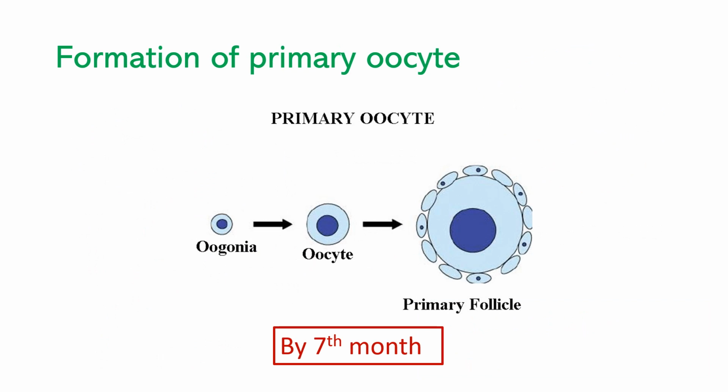All the oogonia cease to increase in size by the end of the seventh month, and are converted into primary oocytes. Then each primary oocyte is surrounded by follicular cells, called primary follicular cells or primordial follicular cells.